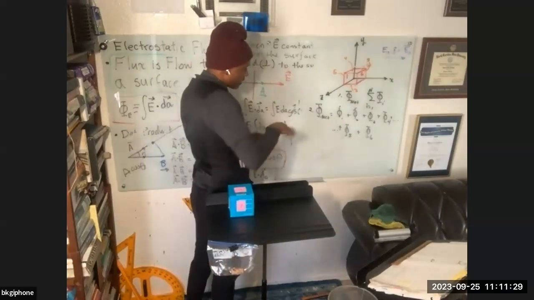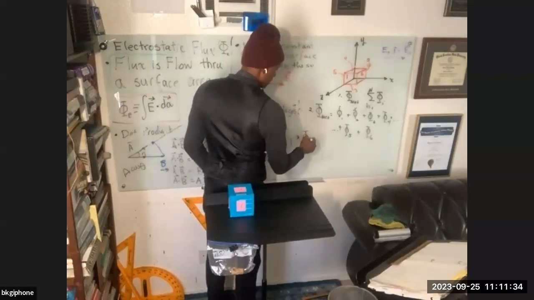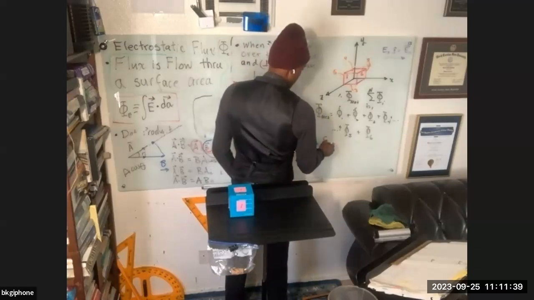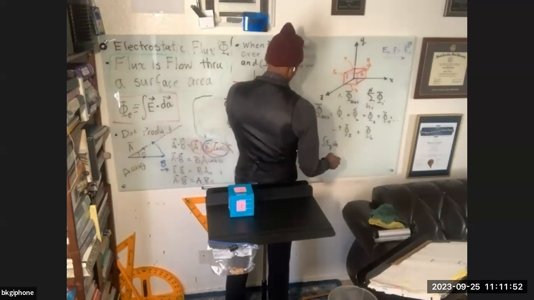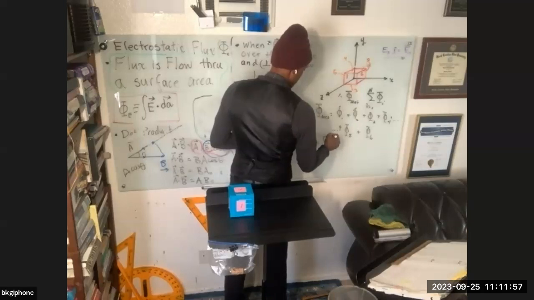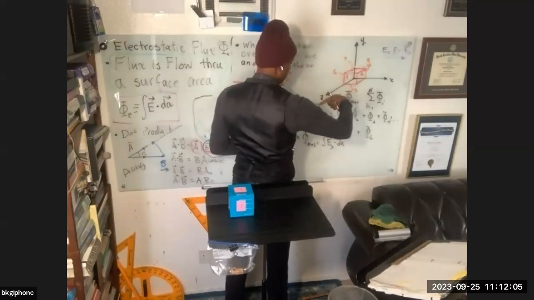So if we write all of these terms out, to evaluate them qualitatively, what we have is E net is going to be equal to basically the integral of EX, keep calling it Y, dot dA, and that's pointing along the positive Z direction.